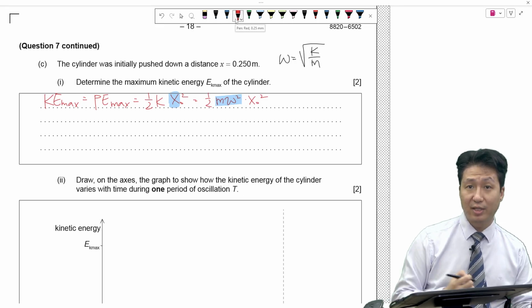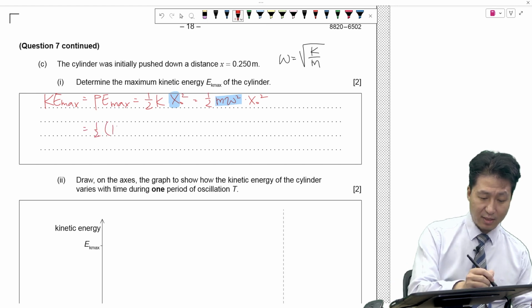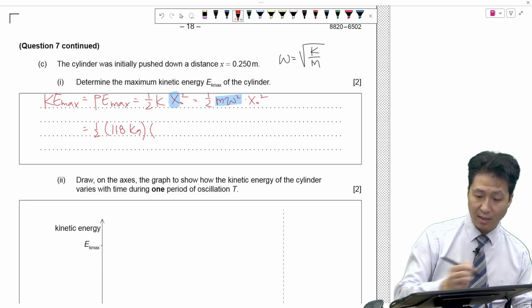So substituting the values, we get 1/2 the mass of 118 kilograms times angular velocity of 4.4.